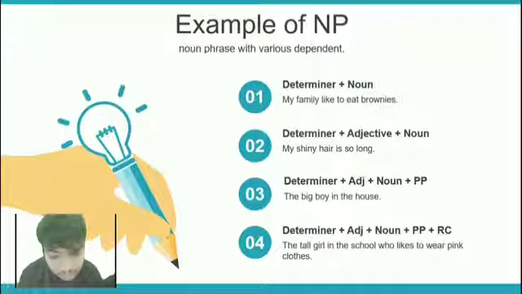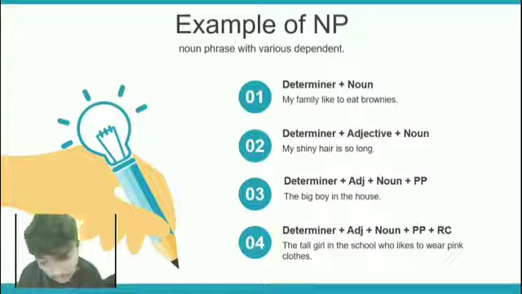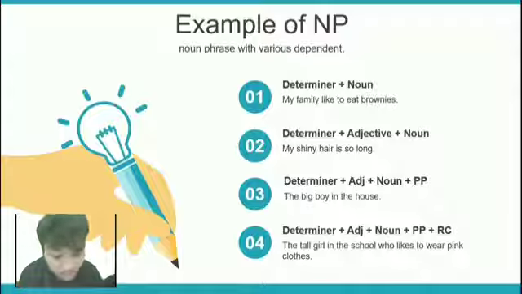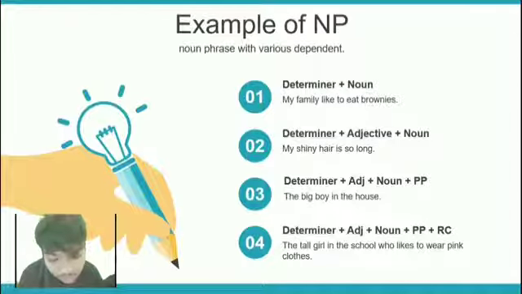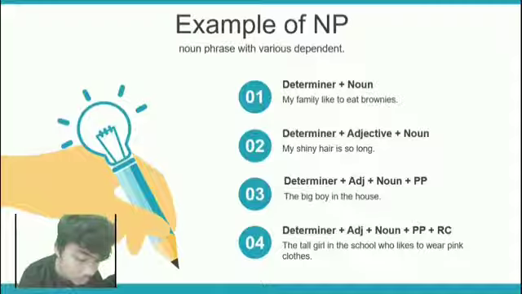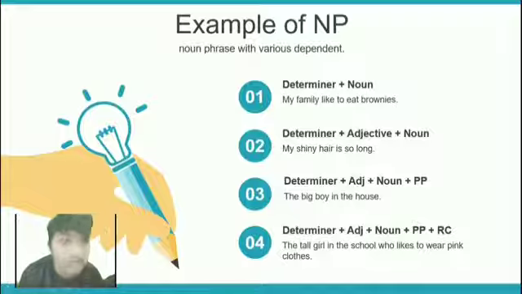The is determiner, big is adjective, boy is noun, and in the house is the prepositional phrase. And the last is determiner plus adjective plus noun plus prepositional phrase and relative clause: the tall girl in the school who likes to wear pink clothes. The is determiner, tall is adjective, girl is noun, in the school is prepositional phrase, and who likes to wear pink clothes is relative clause.